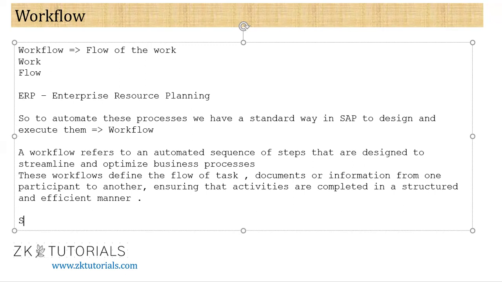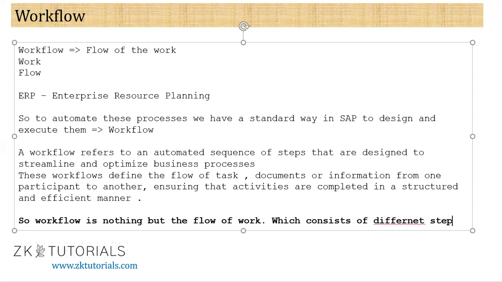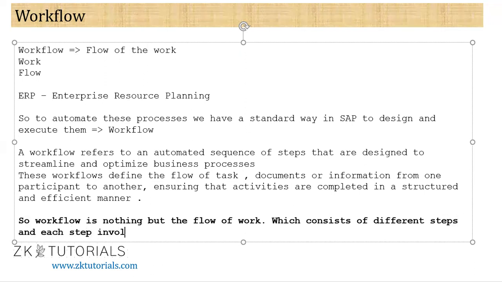So let me write that also. Workflow is nothing but the flow of work, which consists of different steps, and each step involves a particular person or a particular role in the organization.